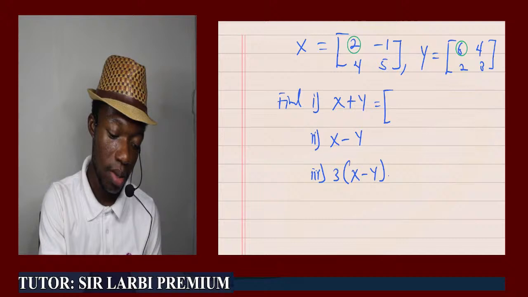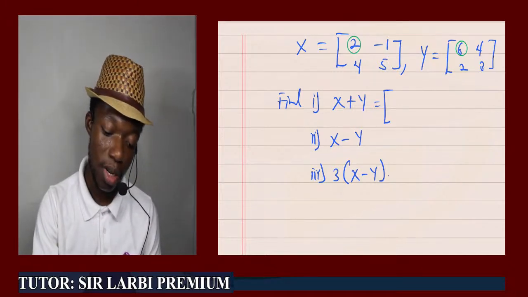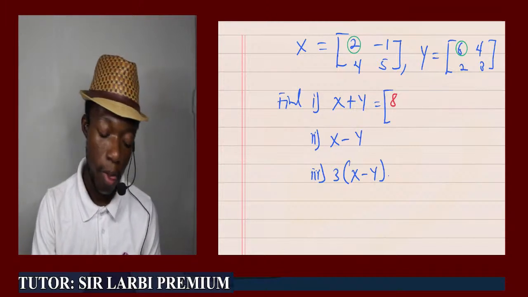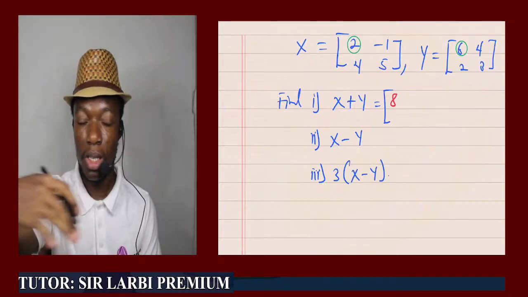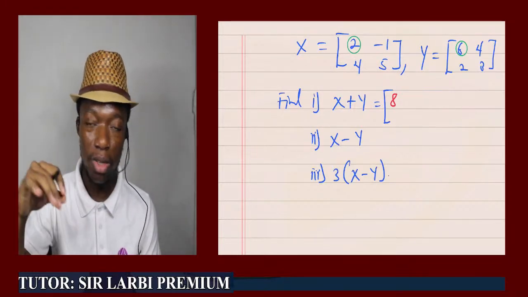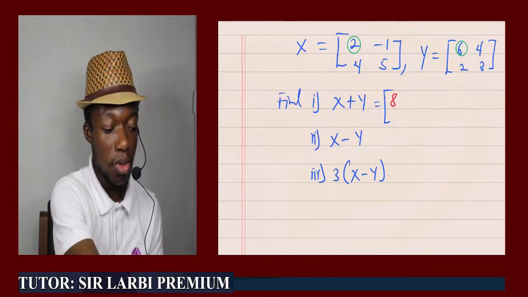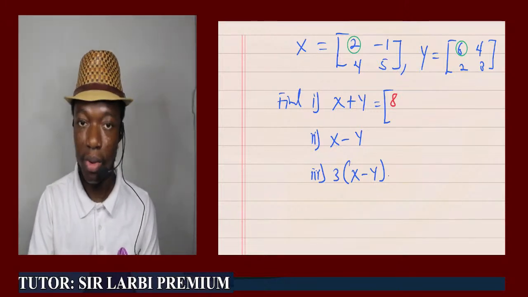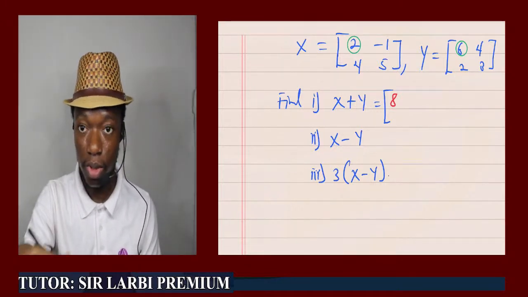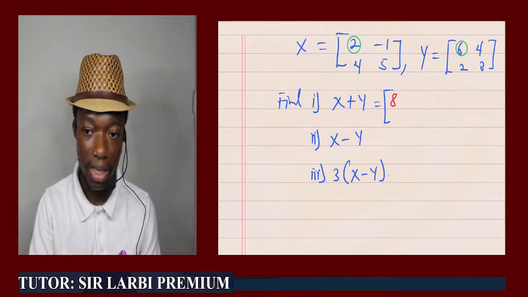So 2 plus 6 is supposed to get 8. So I have 8 here. First, you just have to deal with the row elements of the matrices that you may have, whether it's an addition or subtraction. You just want to take it from that end before you continue with the second row. So we do the first row, and then you proceed to the remaining ones as you move along.